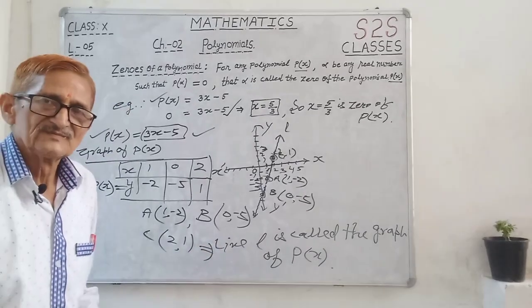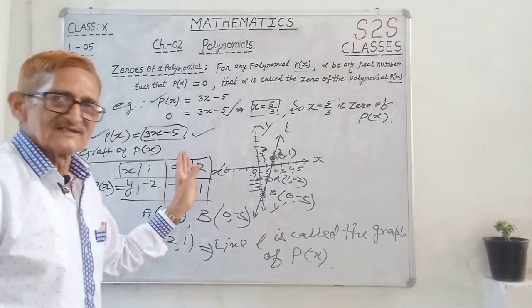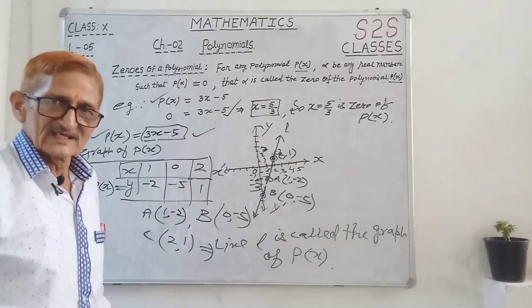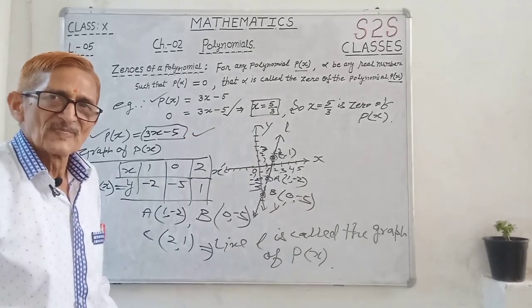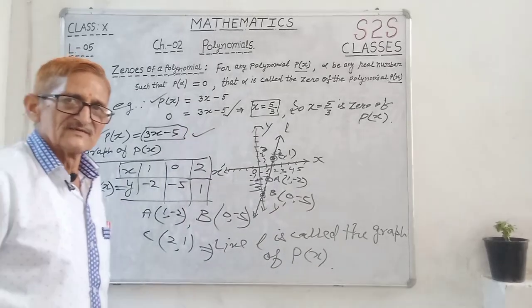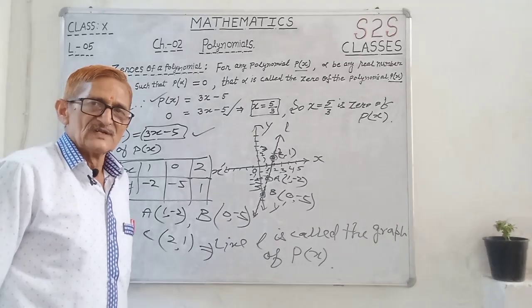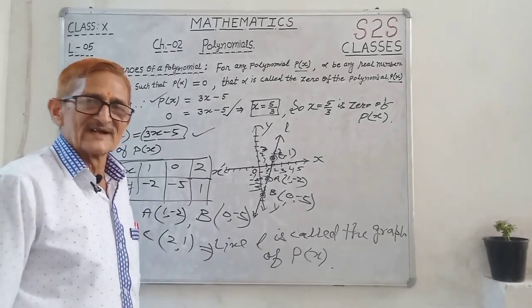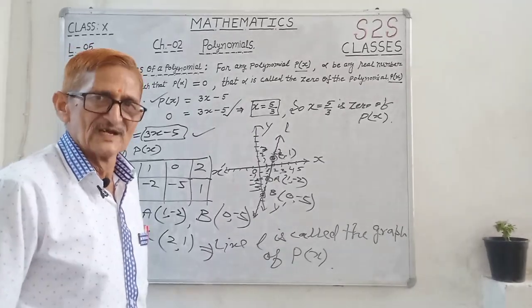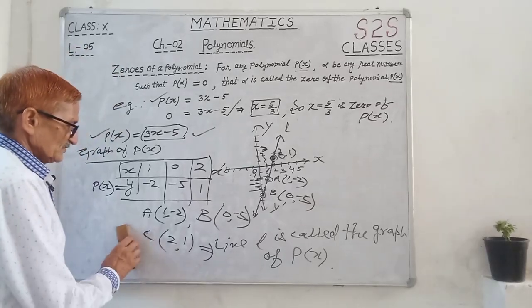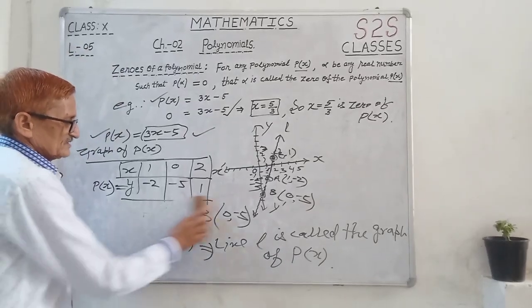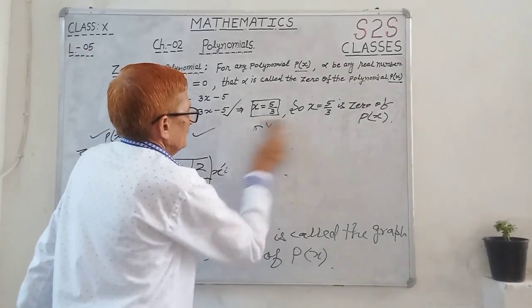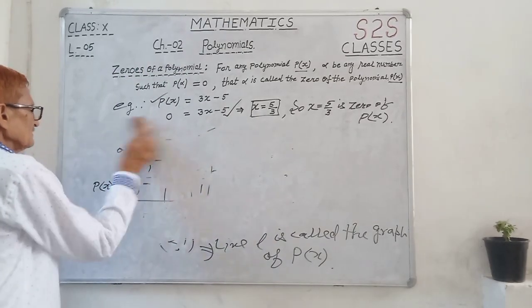Clear. The graph of a linear function, ax plus b, as in the 4th lecture we told you about linear function and quadratic polynomial, you know these all. So the graph of this, you understood, is a straight line.